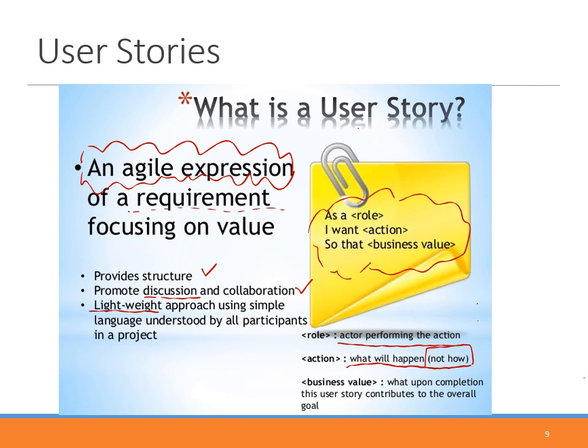And then the last component is the business value so that we can use it to determine how important the user story is. So upon completion of the user story, how does it contribute to the whole software?